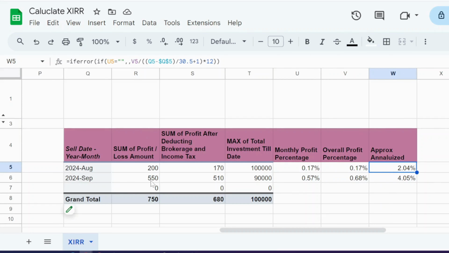Similarly for September, what is the sum of the profit and loss amount, the sum of the profit after deducting the brokerage and income tax, what is the max investment till date. Since the max investment reduces, my profit percentage has increased, that is 0.57%. What is the overall profit percentage, what is the approx annualized, and what is the grand total, how much profit I have got till now, and what was the grand total of max investment.